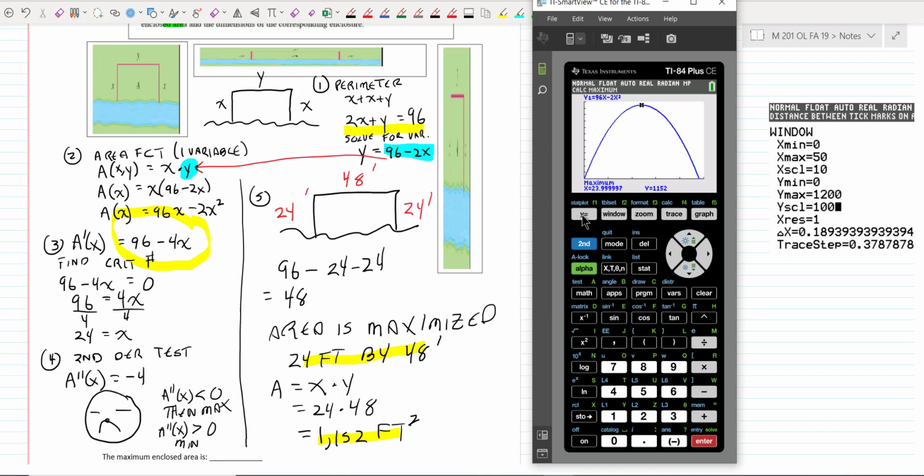Another worthwhile thing to do, to make some simple connections, is graph the derivative, 96 minus 4x, and see what it looks like. The value of your derivative is positive here because the function's increasing. But right where you have a maximum, the value of that derivative is 0, and then the derivative ends up being negative.